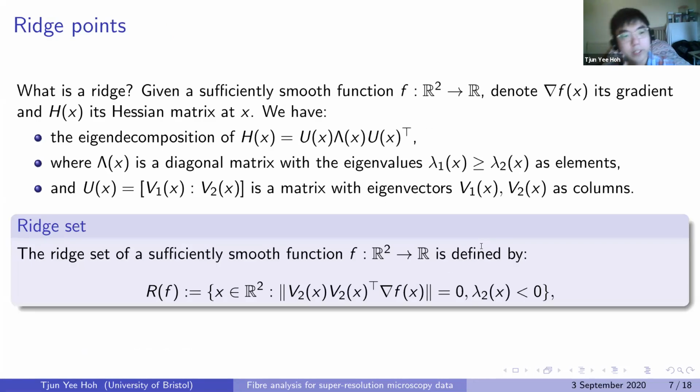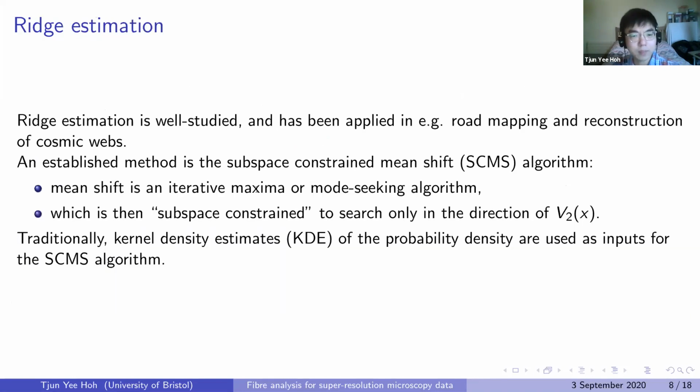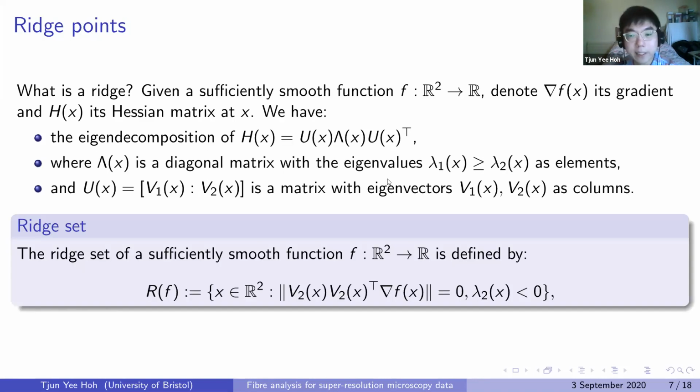Okay, so what is a ridge? Here I give a more formal definition for the ridge. For a smooth function f from R^2 to R, in this case, this function is simply the probability density function, I denote ∇f its gradient, and H is the Hessian matrix. If we take the decomposition of the Hessian, we get the usual eigenvector matrix and the eigenvalue matrix. And we order the eigenvectors according to the magnitude of the eigenvalues.